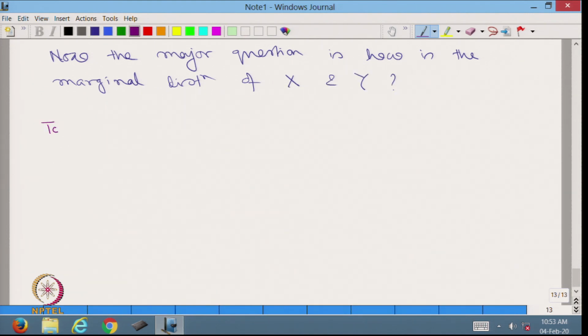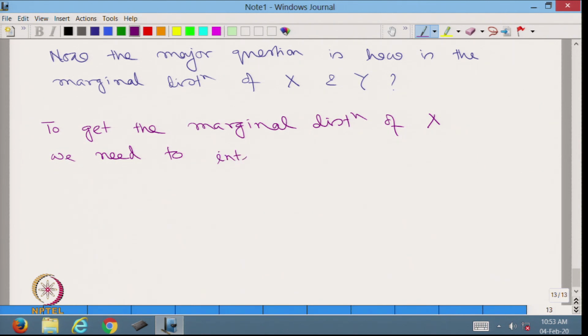So, to get the marginal distribution of x, we need to integrate y to get the marginal PDF of x.